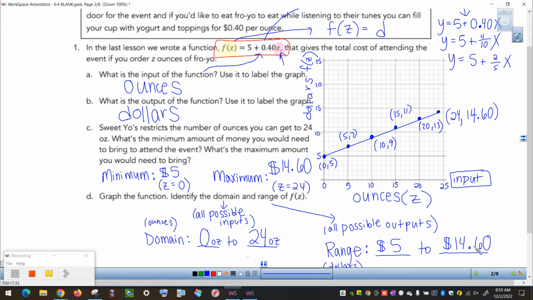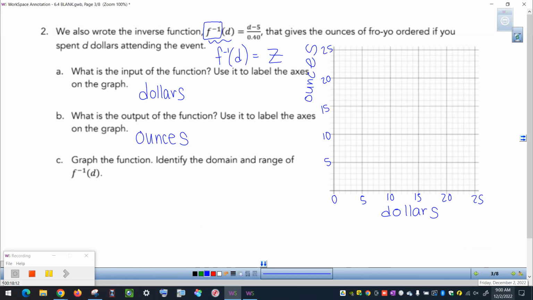So for example, looking at the very first point, if you buy 0 ounces, it's going to cost you $5. Well, let's put that information on the new graph. If we buy 0 ounces, it costs us $5. That's interesting. That point used to be a y-intercept.